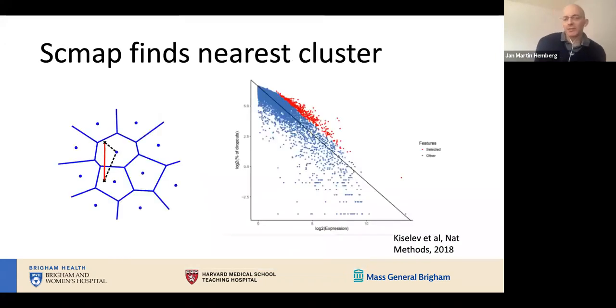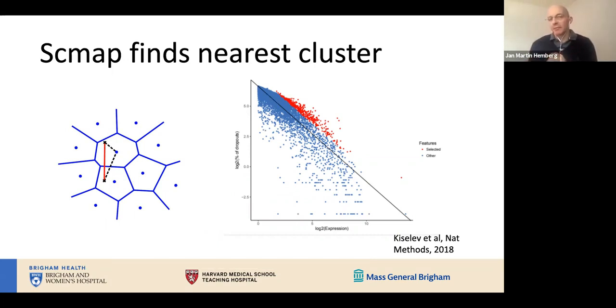The first method to do this is called SCMap, and it takes a very simplistic approach. It thinks of each of the existing clusters that you had in your atlas or in your reference as a centroid, and then for each of your new cells from your query data set, it tries to just match it to the nearest centroid.